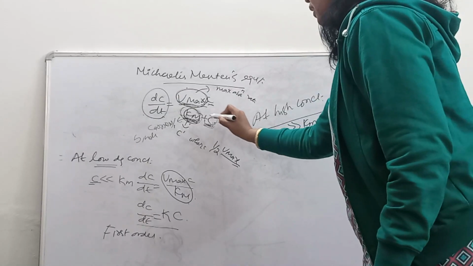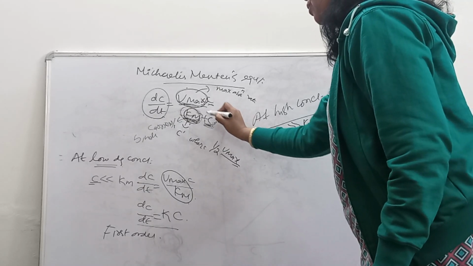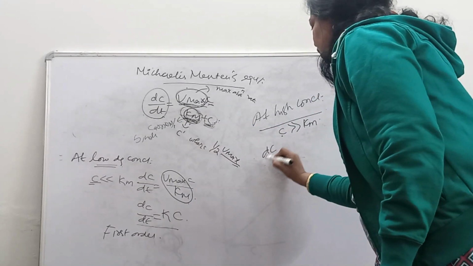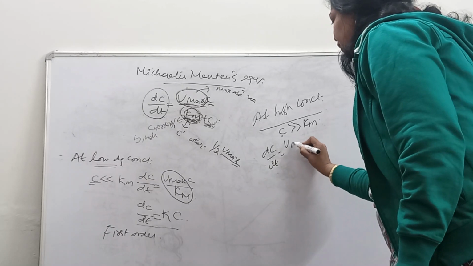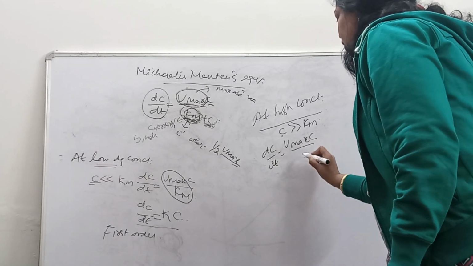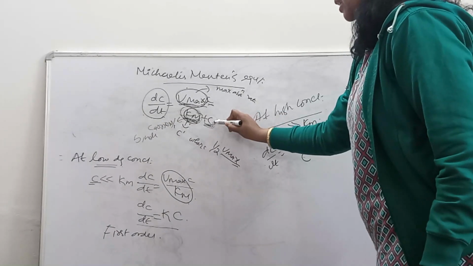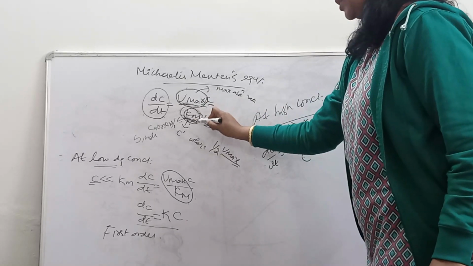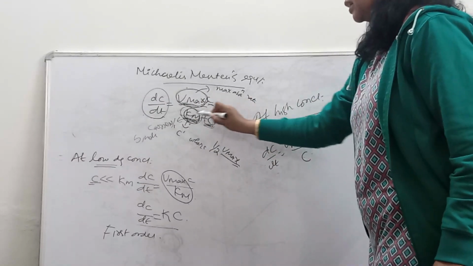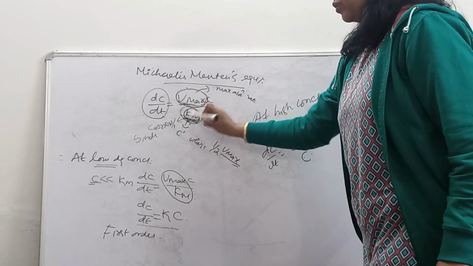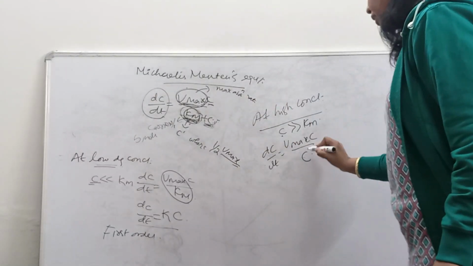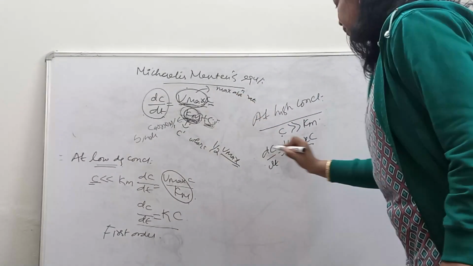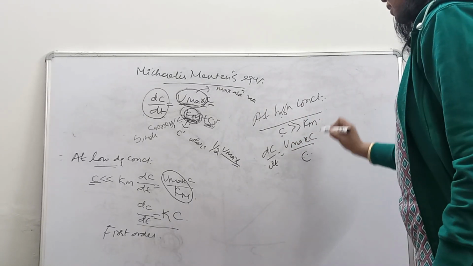Now the equation here, it will be reduced to dC upon dt is equal to Vmax C upon C. Why we have written only C? Why we have neglected Km? Because now the concentration is very much greater than that of Km. That is why we have neglected this Km from this equation at high concentration.